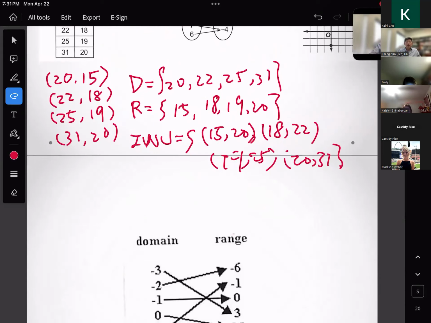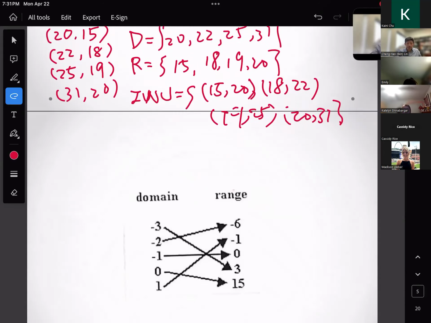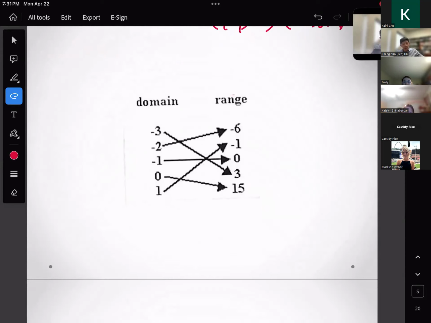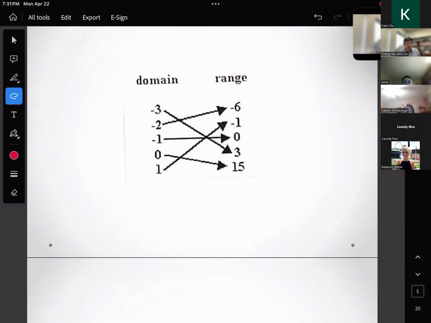Now, let's take a look at the next one. Domain and range. Can anybody tell me whether this is a function or not a function? Yes or no?